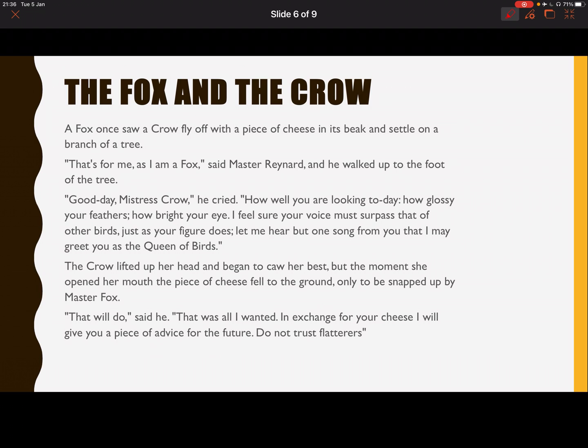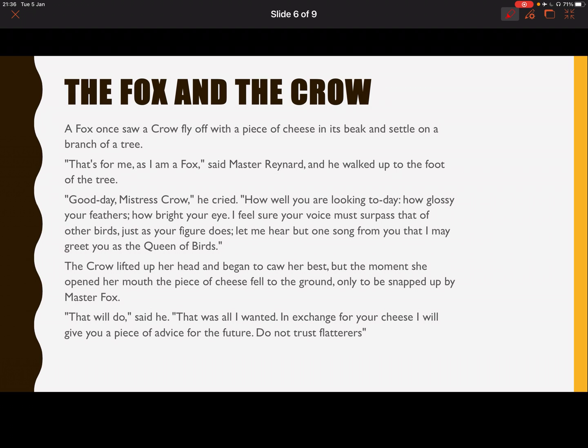A fox once saw a crow flying off with a piece of cheese in its beak and settle on a branch of a tree. "That's for me, as I am a fox," said Master Reynard, and he walked up to the foot of the tree. "Good day, Mistress Crow," he cried. "How well you are looking today! How glossy your feathers! How bright your eye! I feel sure your voice must surpass that of other birds, just as your figure does.